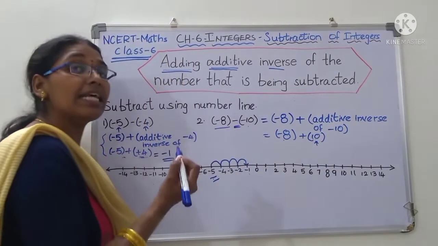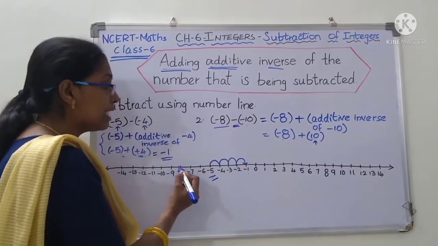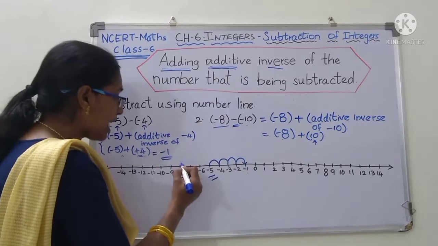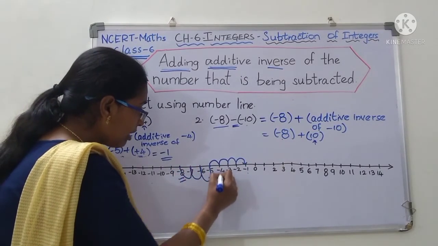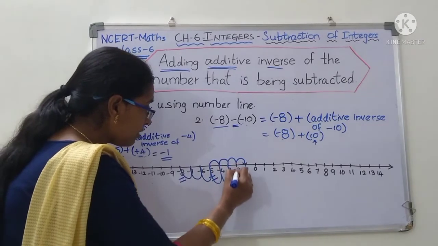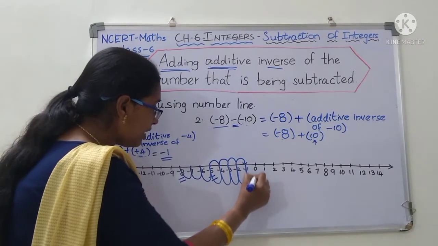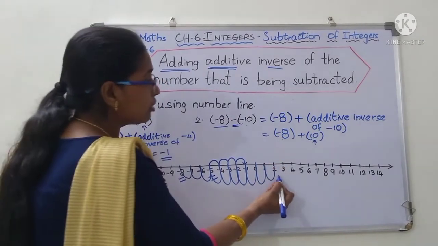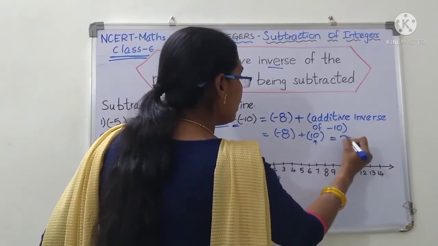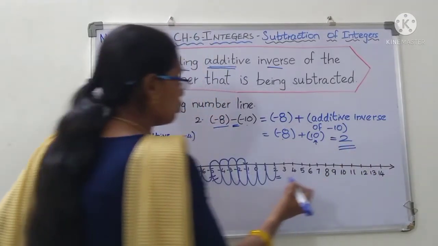So you move 10 steps right side. From minus 8, move 10 steps right. 1, 2, 3, 4, 5, 6, 7, 8, 9, 10. Yes, children, you reach 2. So the answer is plus 2.